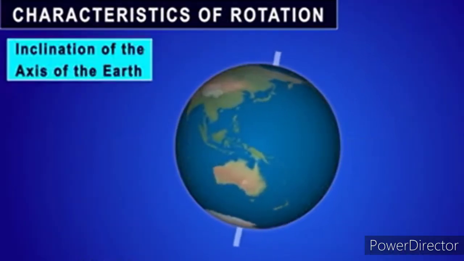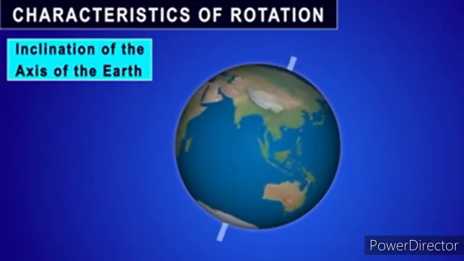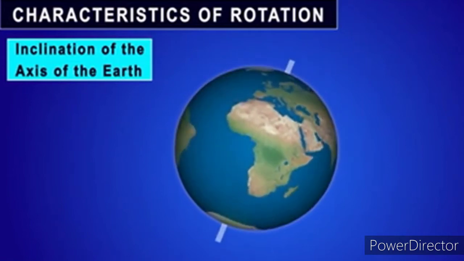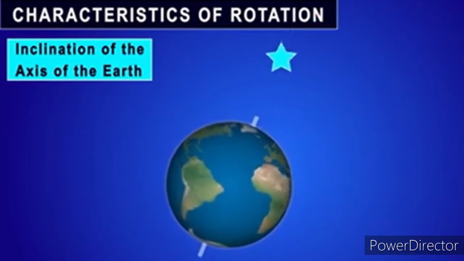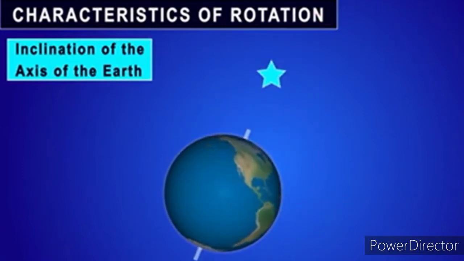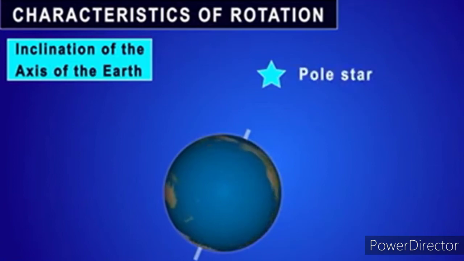The second characteristic is inclination of the earth. The tilt of the earth remains fixed even when it revolves around the sun. Earth is always tilted in the same direction, pointing towards pole star.